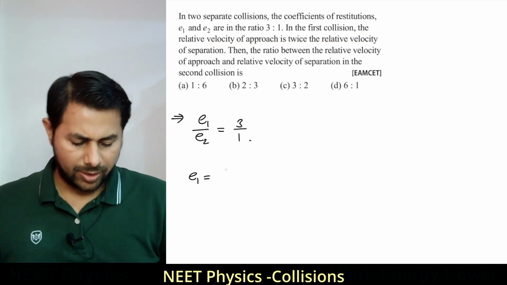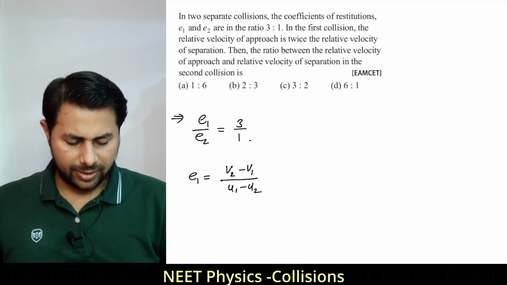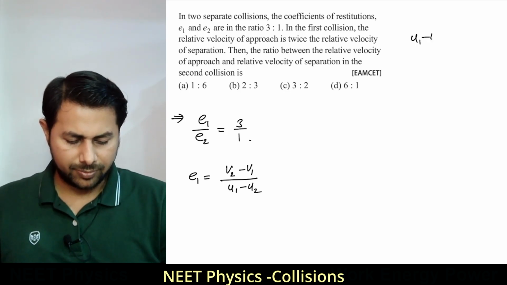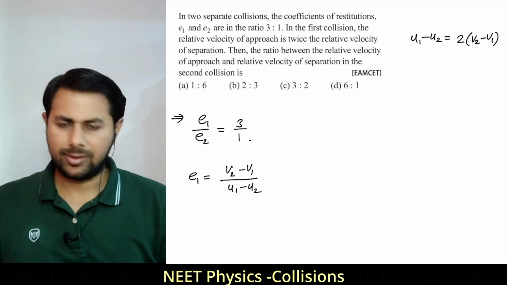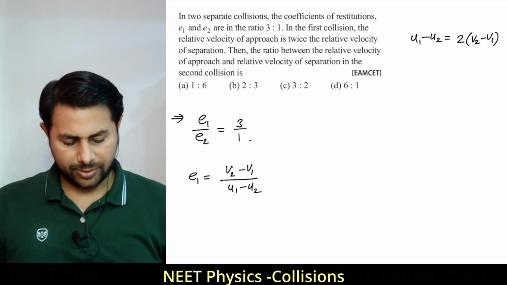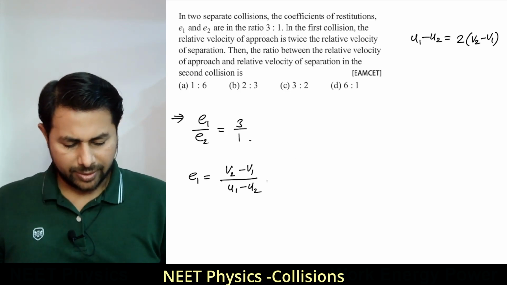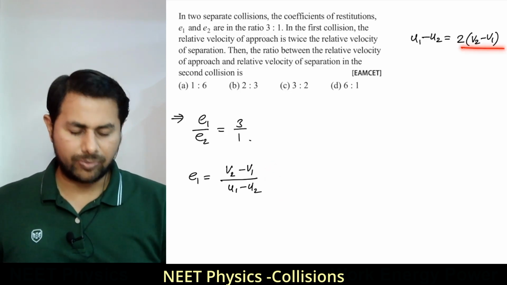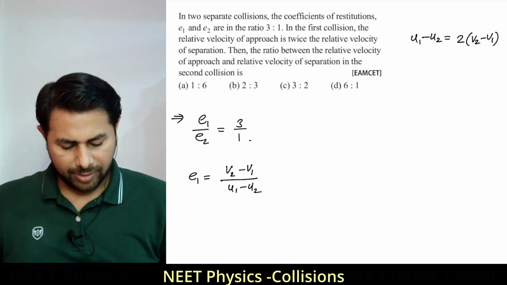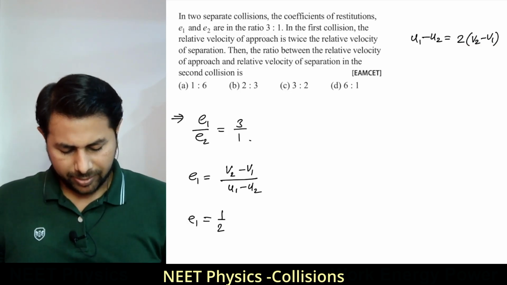Okay, so you have v2 minus v1 divided by u1 minus u2. So this is given that u1 minus u2 is equal to 2 times of v2 minus v1 in case of first collision. Okay, so this thing is just equal to what? Half then, because u1 minus u2 is 2 times of v2 minus v1. So this thing becomes half, right? So E1 is half.